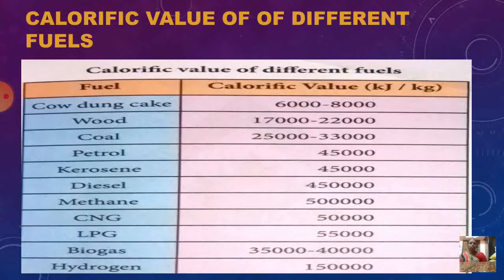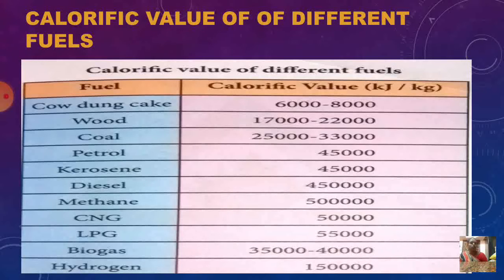Next, we are going to discuss the calorific value of different fuels. See the tabular column, children. Cow dung cake has 6,000 to 8,000. Wood has 17,000 to 22,000. Coal has 25,000 to 33,000.